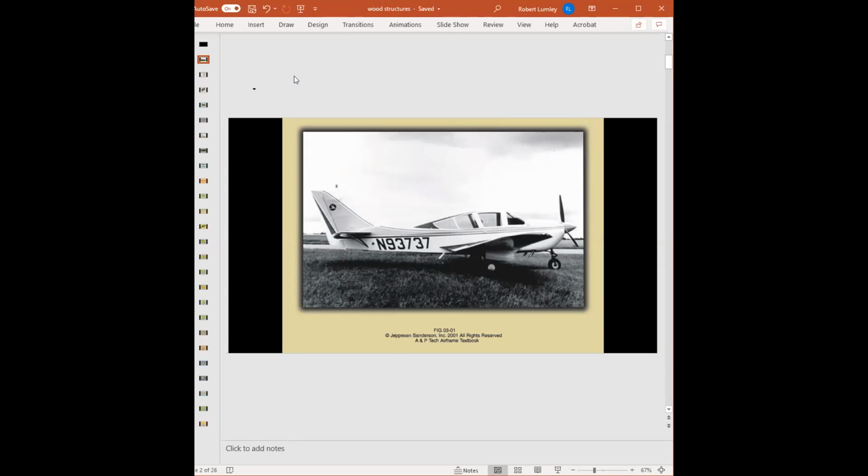How do we compare one species of wood to another? So the FAA just chose a certain species, which happened to be Sitka spruce, and said, okay, this is going to be the reference wood, and we're going to list all these other species and compare them to the Sitka spruce.